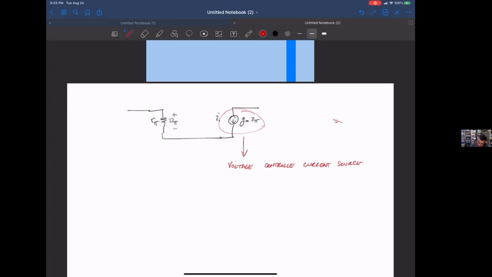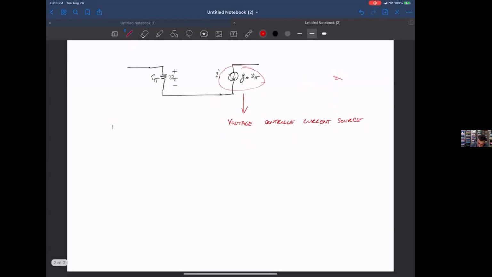Okay, so just like a resistor has this relationship. There's a voltage, and then there's a current across it. So V is equal to IR for a resistor. I always have to write this down.